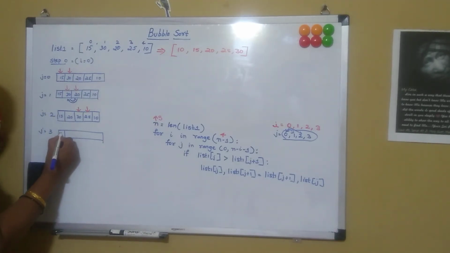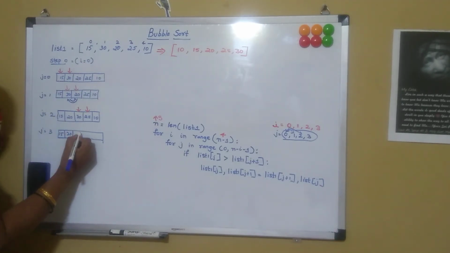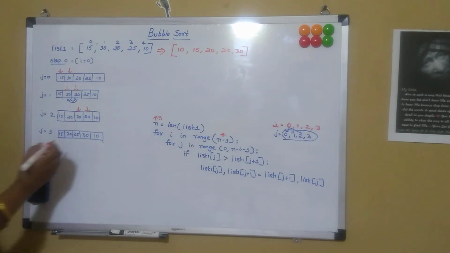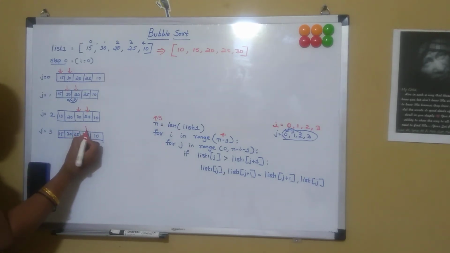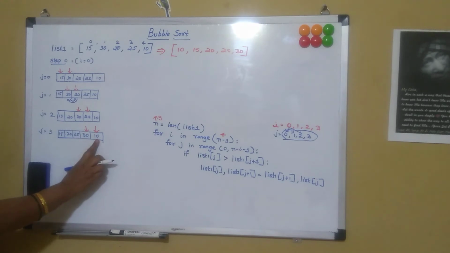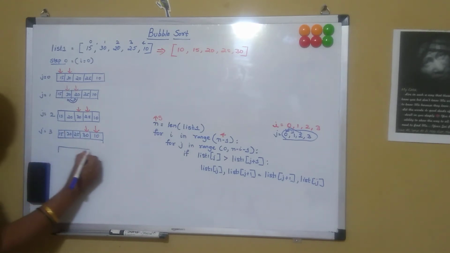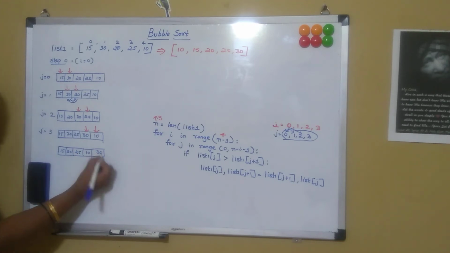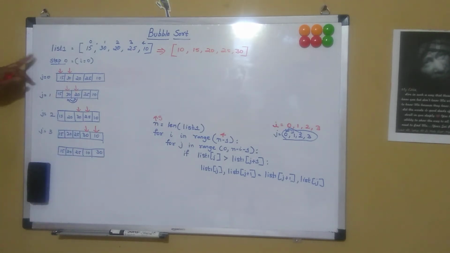So now I'll have 15, 20, 25, 30 and then 10. And in the last iteration, it will compare j equal to 3 with j equal to 4. So now 30 is greater than 10. So it will swap and will give this particular output on the screen, that is 15, 20, 25, 10 and then 30.